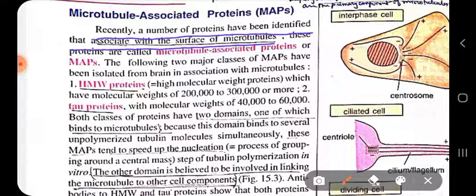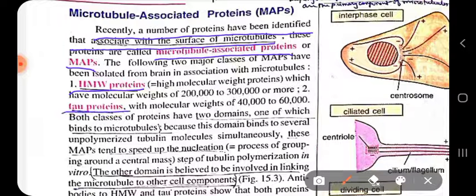Not only tubulin, but some other helper proteins associate with the surface of the microtubules, and they are called microtubule associated proteins, or MAPs. Two types of microtubule associated proteins have been observed, which are HMW proteins and tau proteins.